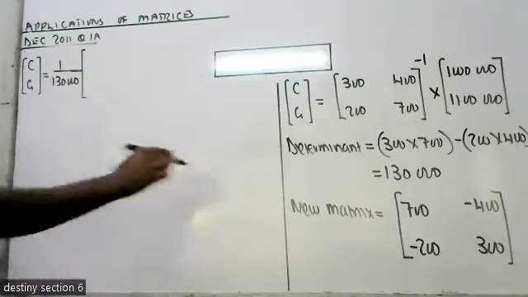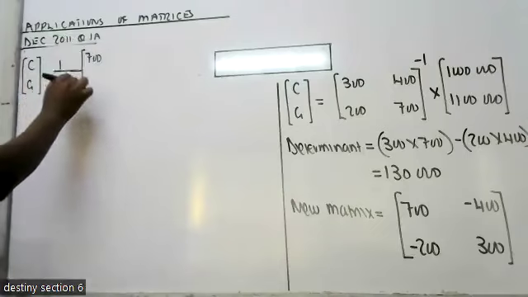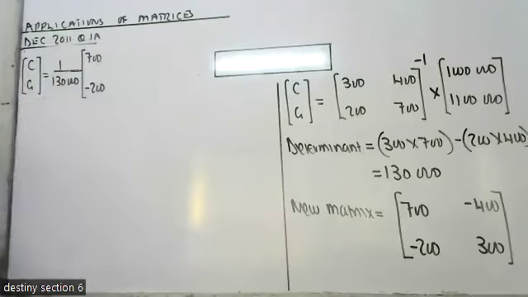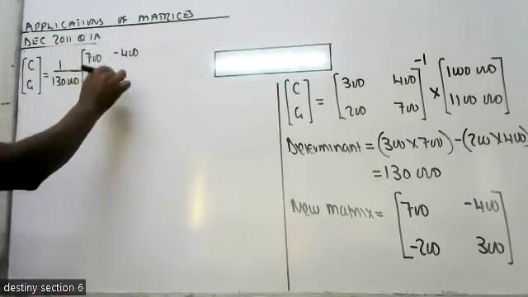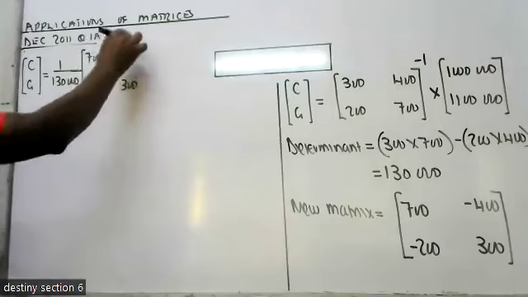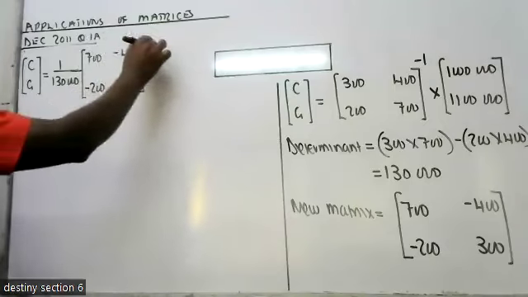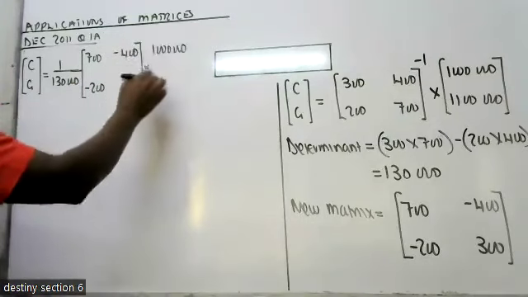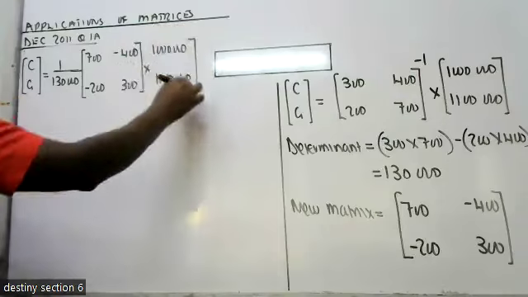We are multiplying by the new matrix, 700, minus 200, then minus 400 and 300, to multiply these 1 million and these 1.1 million.